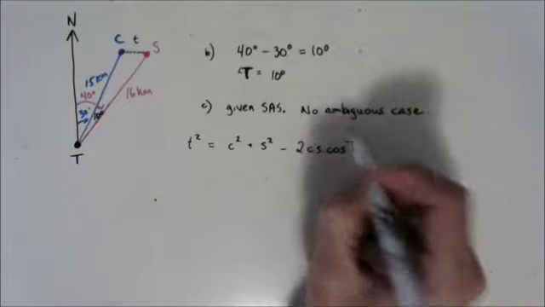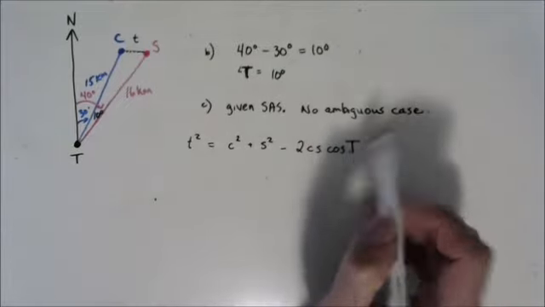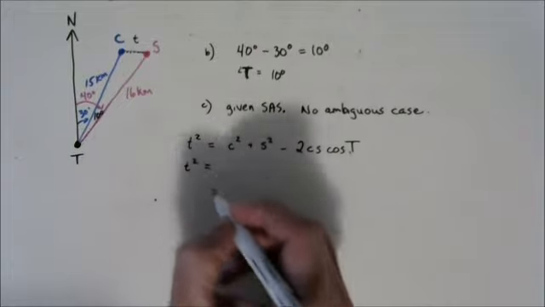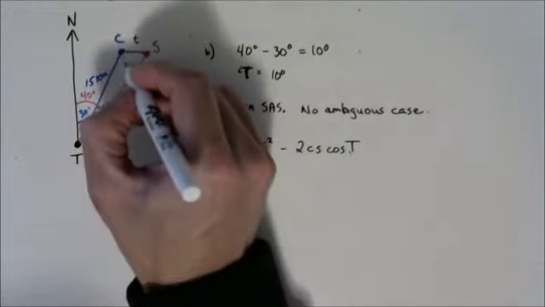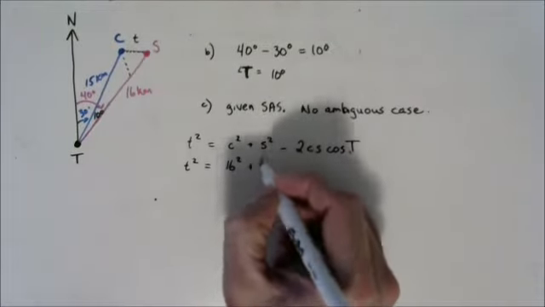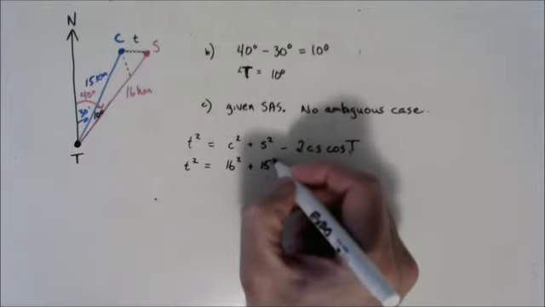In this case, it's our small angle of 10 degrees, which we found earlier. Well, let's fill in the information that we know. We know C squared is 16 squared, S is 15, so we have 15 squared.